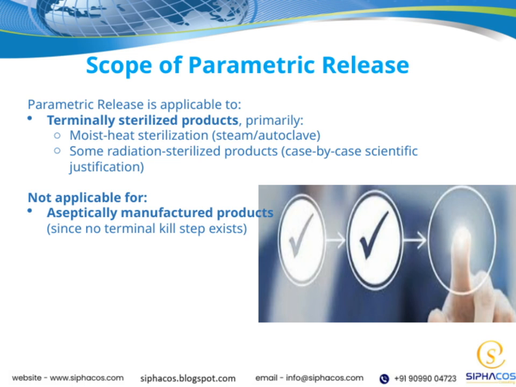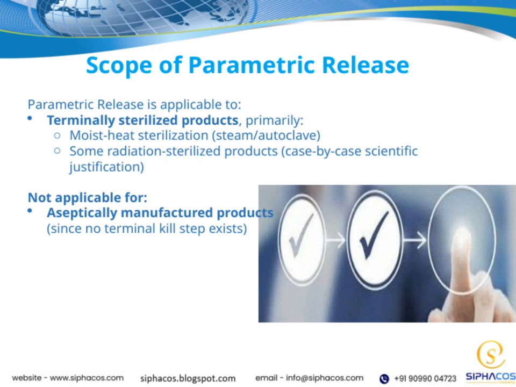Additionally, some radiation-sterilized products may also qualify for parametric release, but this is on a case-by-case basis. It requires scientific justification to ensure that the sterilization process effectively guarantees sterility without the need for traditional biological indicators.